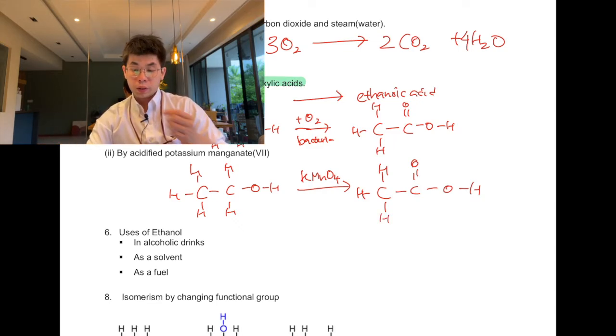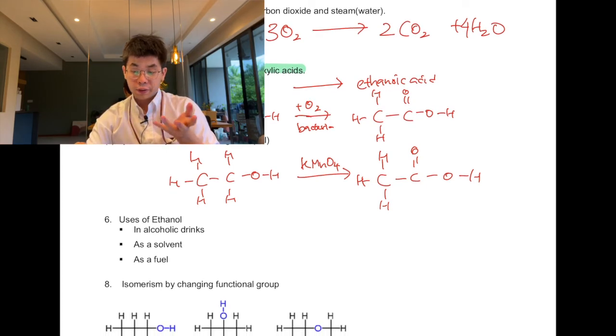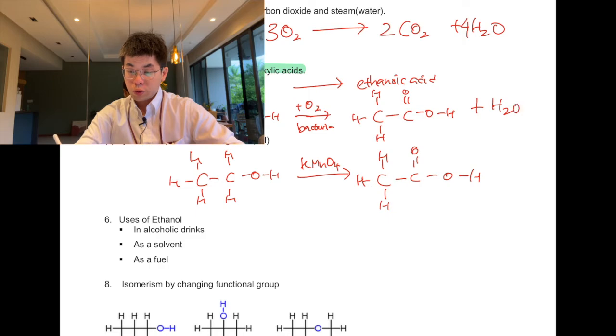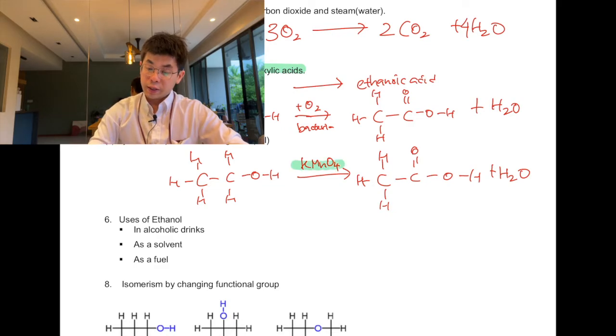Okay, over here, not only will we form the ethanoic acid, we will also form water. So on both of these, we will have H2O. What is important for us to remember is that this KMnO4 will turn from purple to colorless.